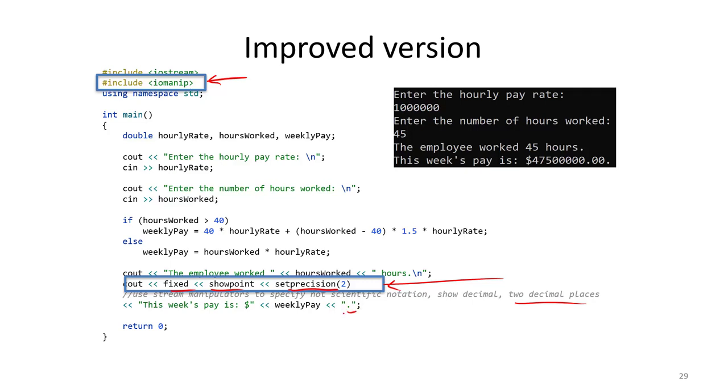Another thing to notice is how we formatted our output such that we include a period at the end of weekly pay. So we inserted weekly pay between the 2 strings of quotes. So by using these output manipulators and a little bit of nice formatting with cout, we can make our output look quite a bit nicer.